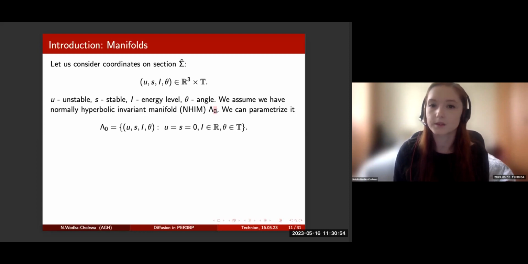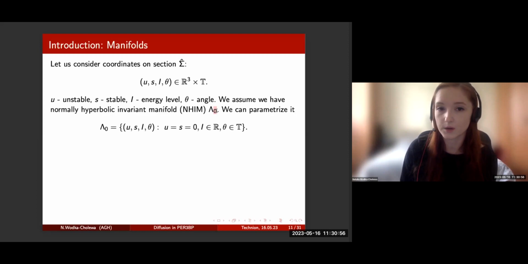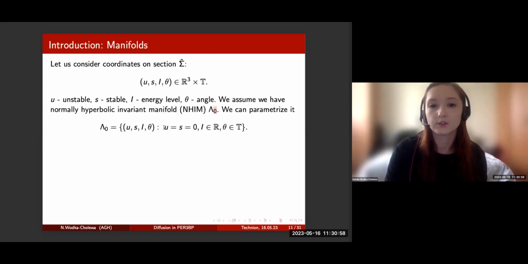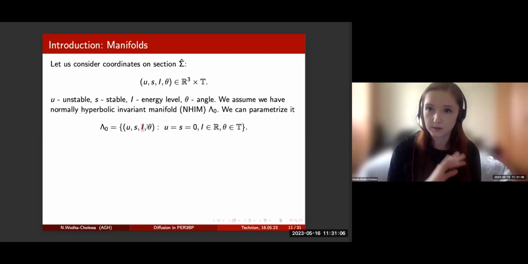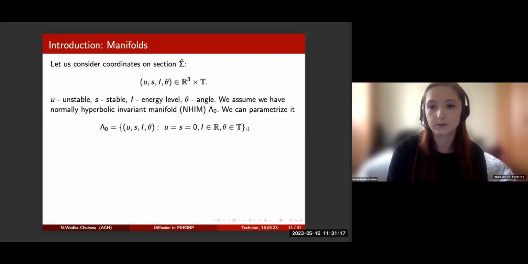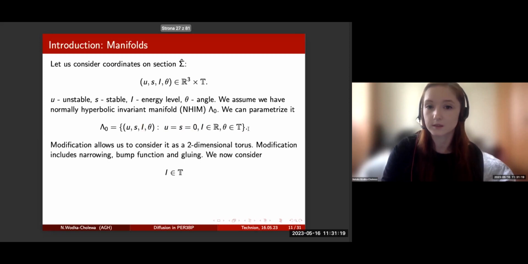We can parameterize it in these coordinates on our section, where u and s are 0, and we have this I and theta that parameterize this hyperbolic invariant manifold. So we assume that it exists, and it's a standard procedure. It exists, and you can parameterize it like this.